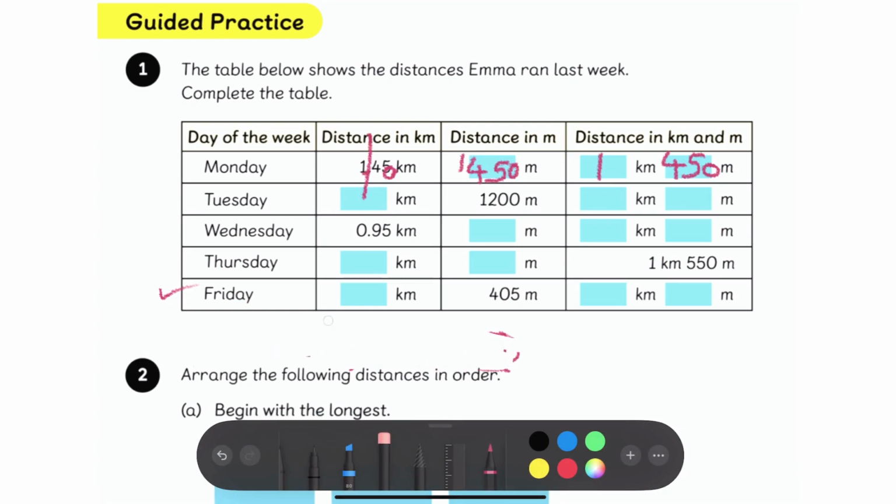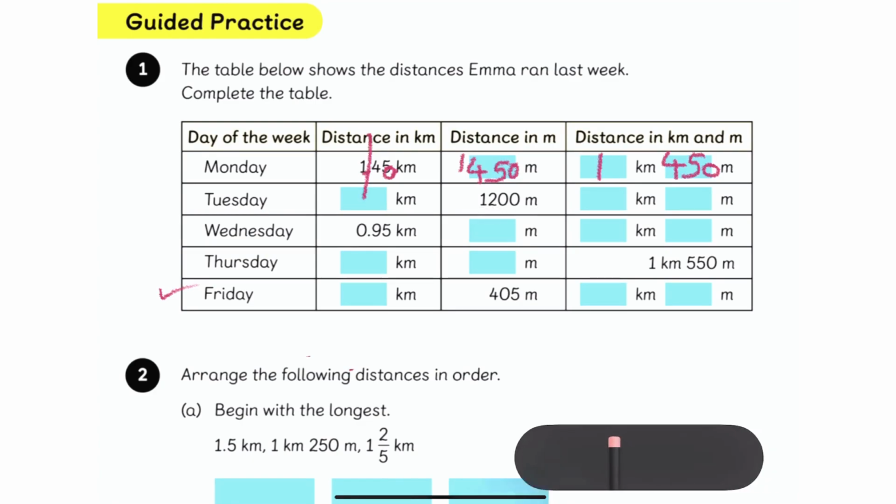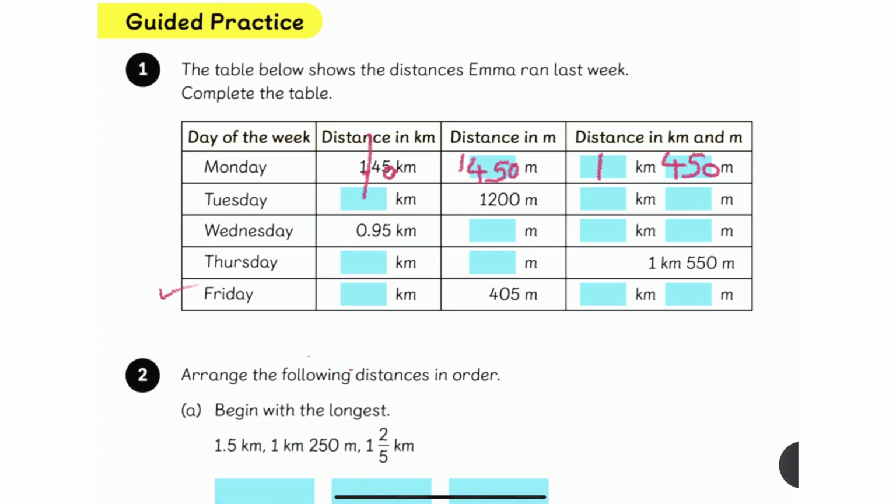Now, on Tuesday, you see the hint we have is in meters. So in meters, what we have is 1200 meters. Now, we know I can just chuck off this 00 because 1 kilometer equals 1000 meter. Similarly, 1000 meter equals 1 kilometer. So how many kilometers are there if I just remove the zeros? 12 kilometers. Therefore it becomes 1.2 kilometers.